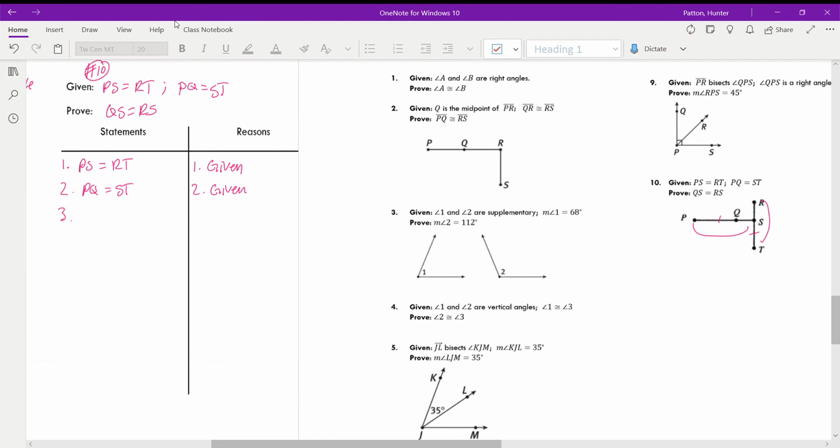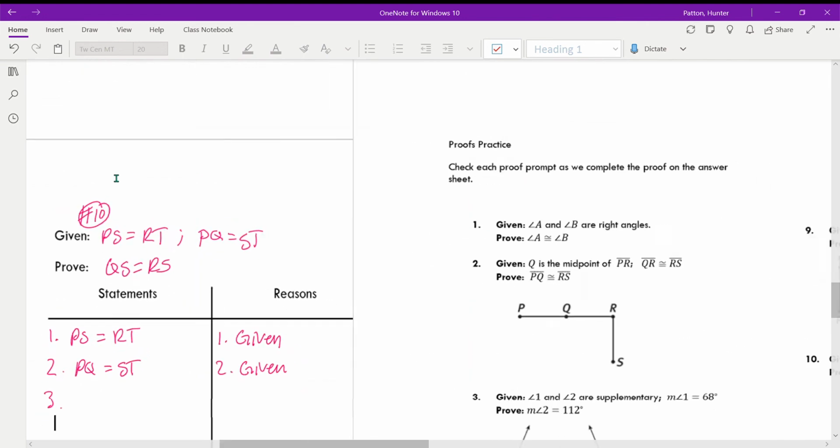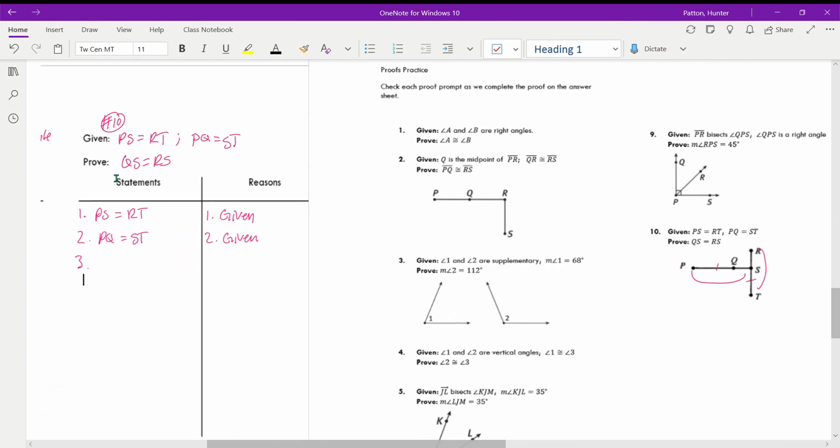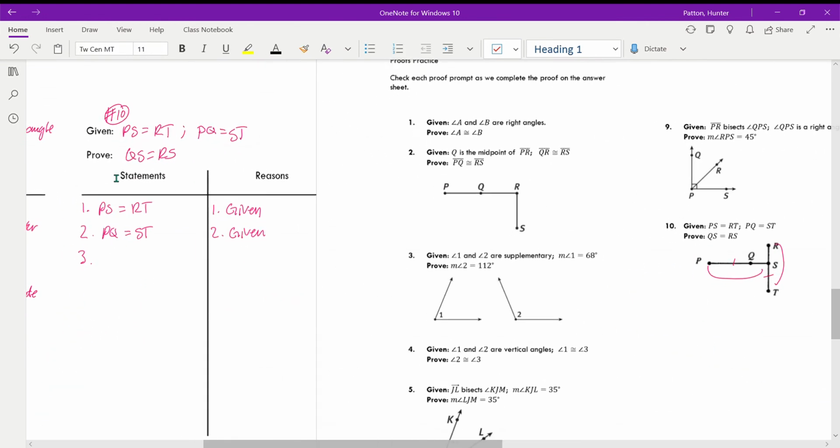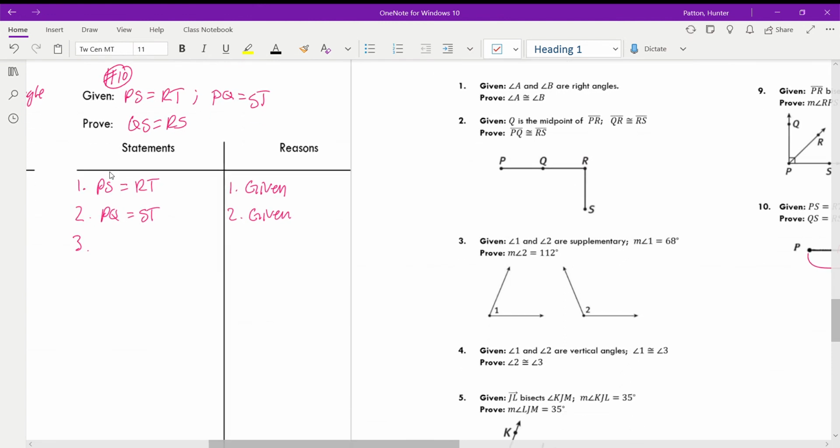Step 3. Okay. Now, PS. Let's write PS in terms of PQ and QS. So, PQ plus QS is equal to PS.